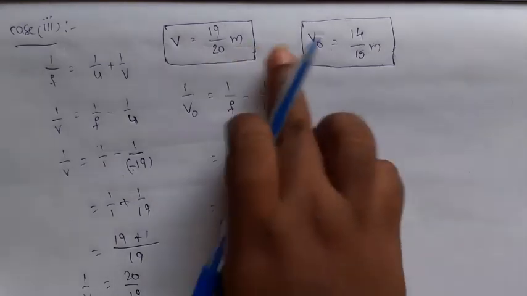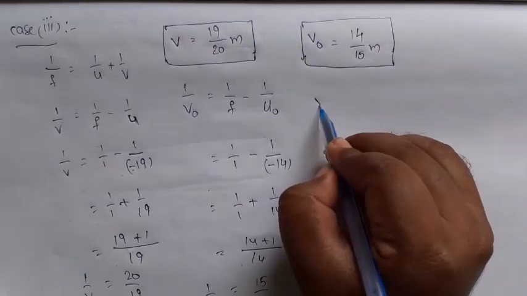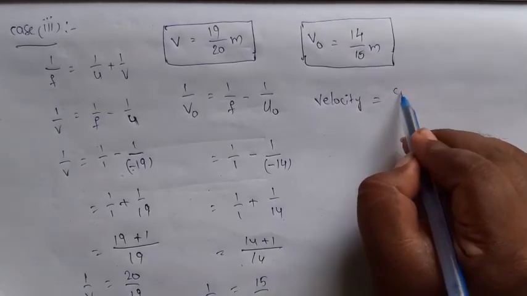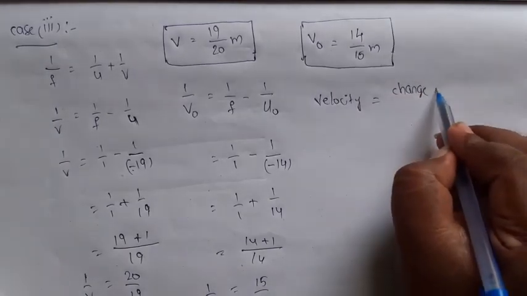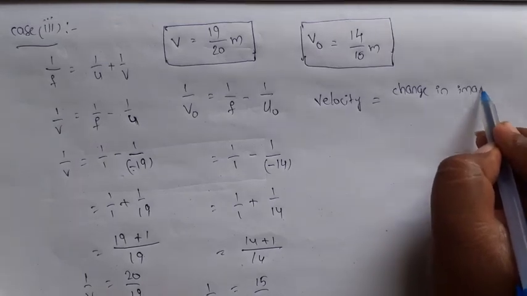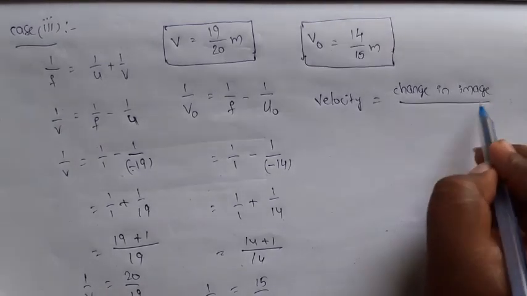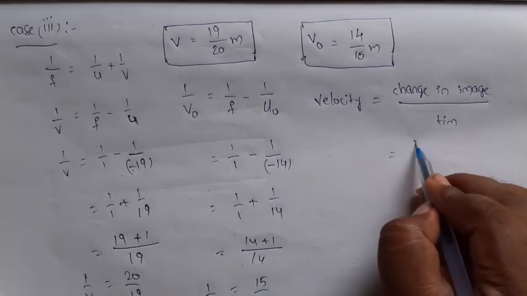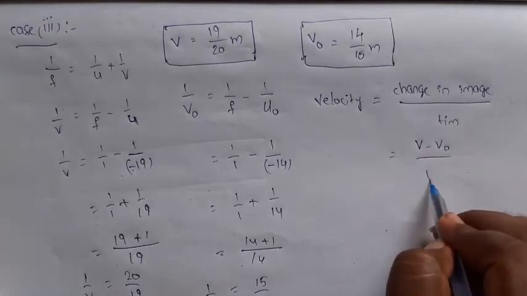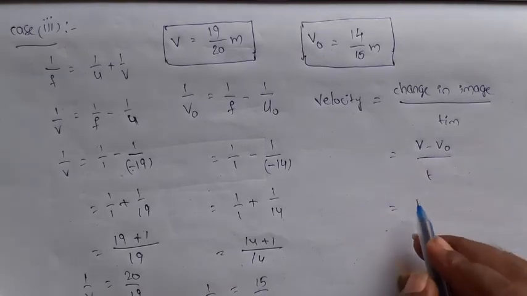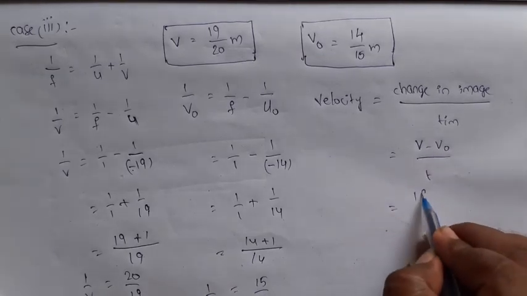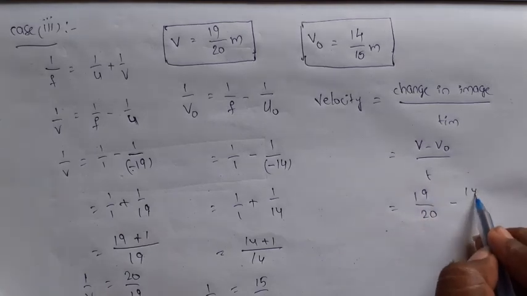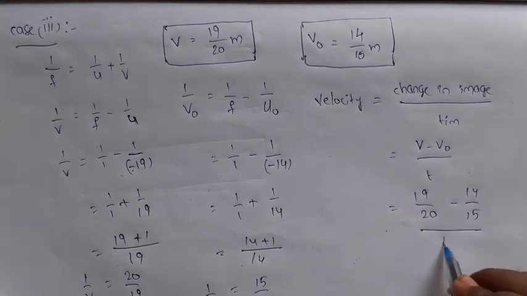Change in image distance. Find the velocity equal to change in image distance by time. Okay, so v minus v naught by t. So v value 19 by 20 minus v naught value 14 by 15 by 1.